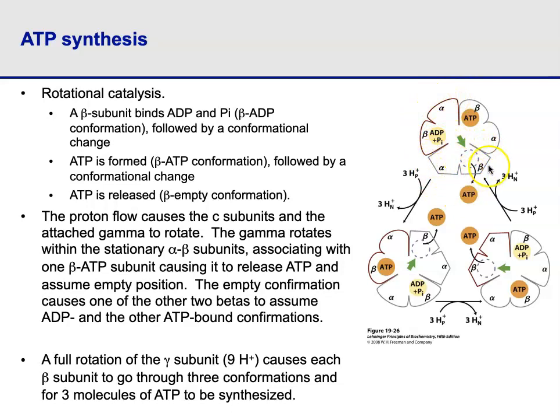You can see even graphically they are represented differently. So let's now see how protons play a role in the release and synthesis of ATP. Let's start with this conformation where we have the gamma associated with this empty beta subunit. We have 1 next to it that is bound to ATP and 1 that is bound with ADP.